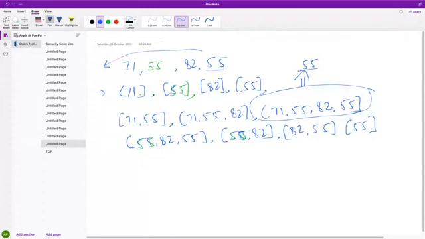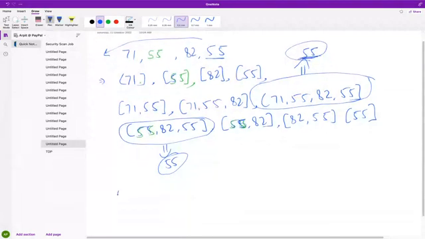Now you can see there are two 55s, but we are only taking one 55. Same goes here also. In those two 55s, we are only going to take one. So when we are counting the right side greater or left side greater, we only have to consider that 55 one time.